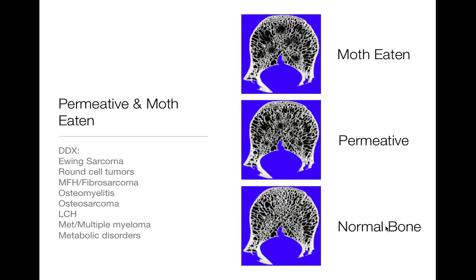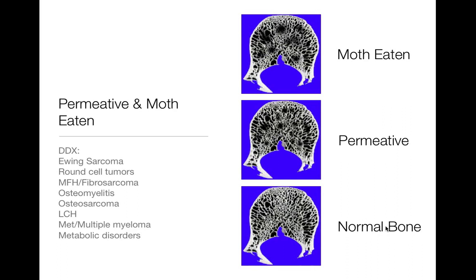Infection can look like all kinds of things, can look very aggressive. An infiltrating osteosarcoma could look like this. Mets, multiple myeloma, again, super common. Anytime you see something lytic or permeative moth-eaten in an older adult, please think of metastasis and multiple myeloma because they're so common.